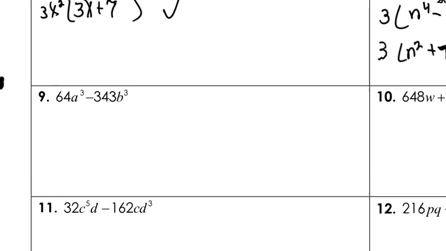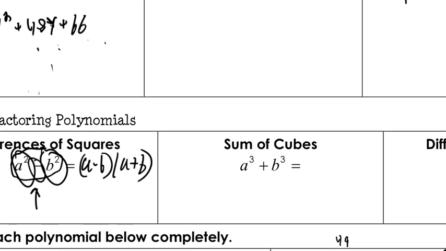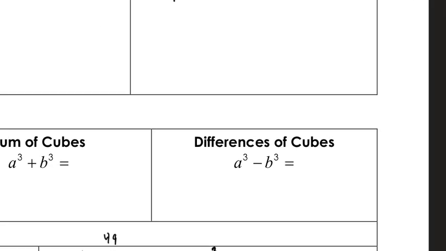All right. We can definitely divide out a common factor here, and then we'll have some a cubes and some b cubes in there. We're going to end up using this right here, which is a minus b times a squared plus ab plus b squared.